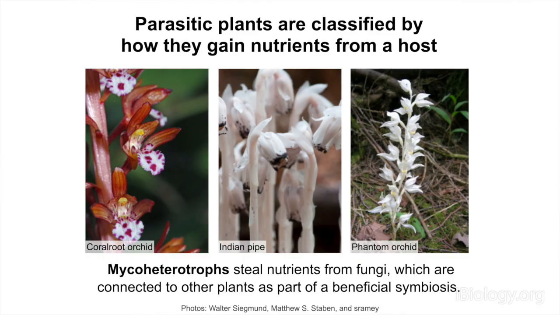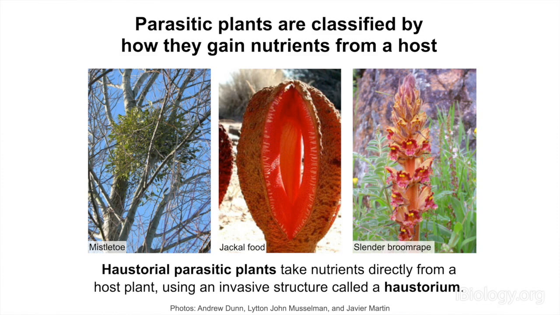The mycoheterotrophs shown here are all orchid species, and in fact, many orchids and many other plant species as well are mycoheterotrophic at some point in life. But most of the parasites we'll talk about connect directly to a host. They're called haustorial parasites, and that's because the specialized invasive structure that they use to get inside of a host is called a haustorium.